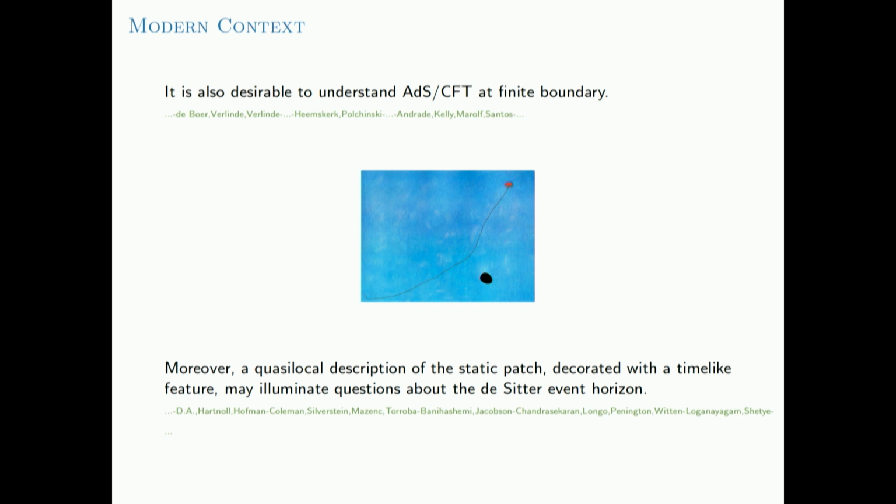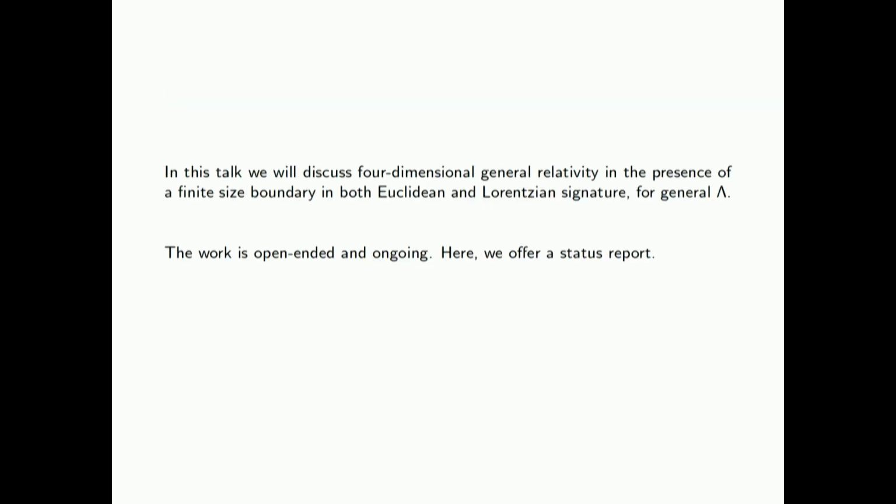And moreover, it appears a quasi-local description of the static patch decorated with some timelike feature may illuminate questions about the nature of the de Sitter horizon, even if it's not the proper underlying complete framework. And this is an artist's impression of a worldline and the possibility that it might end, to address one of Lenny's questions.